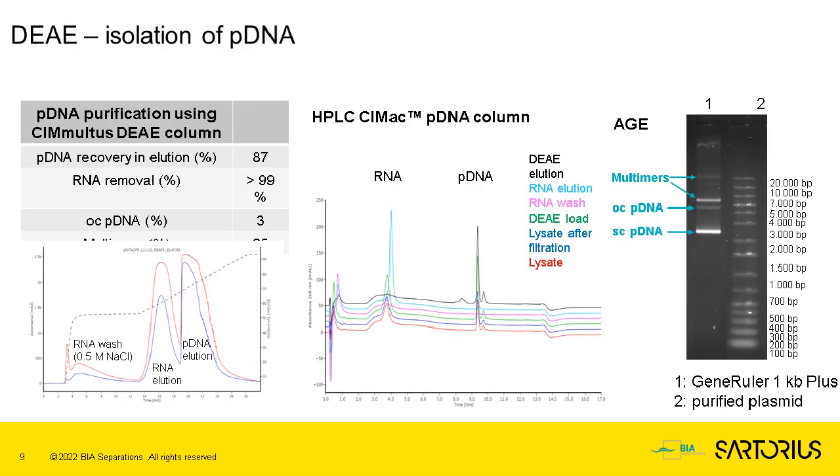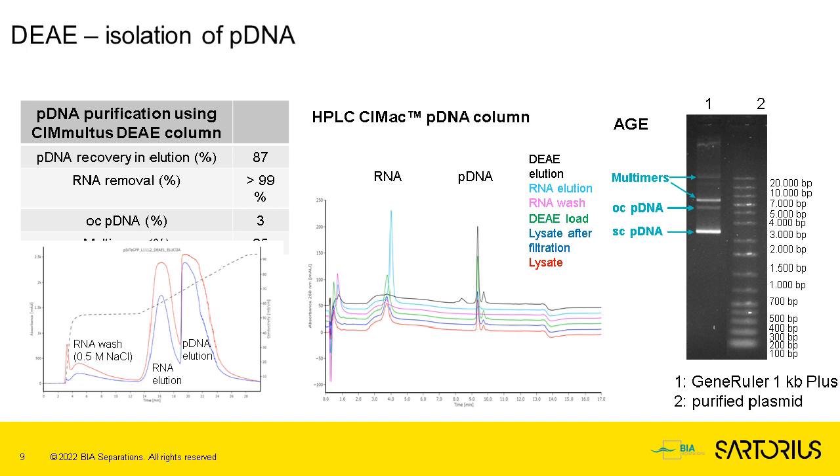So I don't stay at the abstract, I want to show real examples of purification of plasmid that will then, in fact, also be used for IVT. So we'll be making mRNA from this plasmid.